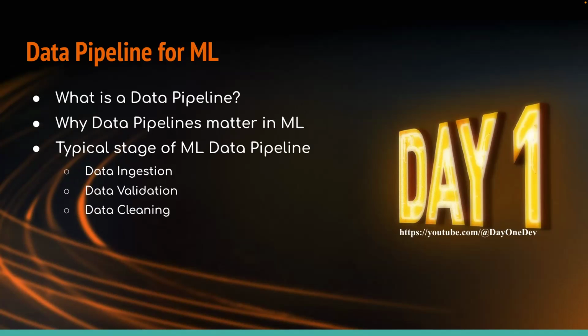We also do data cleaning, which is fixing or removing bad data. And we do feature engineering, which is creating meaningful features out of your data. We also do data splitting, which is a training and test split.